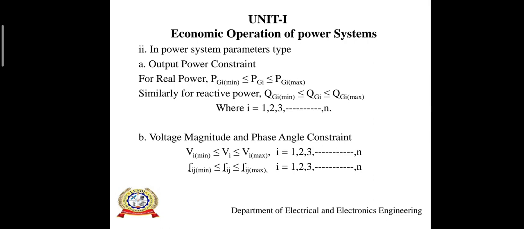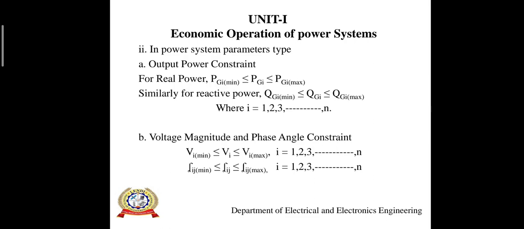Now the second one is voltage magnitude and phase angle constraint. For maintaining a better voltage profile and limiting overloadings, it is essential that the bus voltage magnitude and phase angle at various buses should be maintained within the limits.